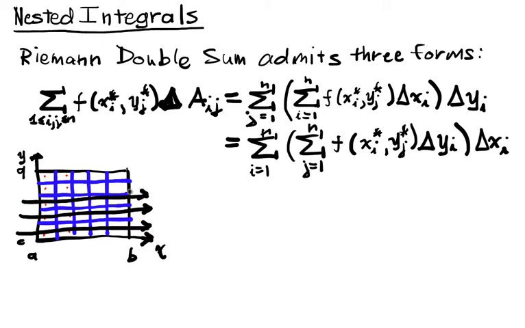I sum here, and so forth. So this is the picture for sum over j first. If I sum over i first, that corresponds to keeping the x's fixed, and I sum in this direction. So this picture corresponds to sum over i first.